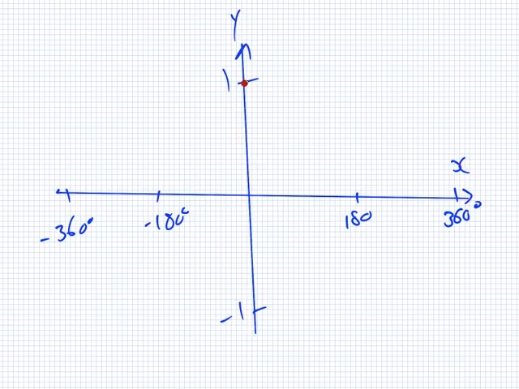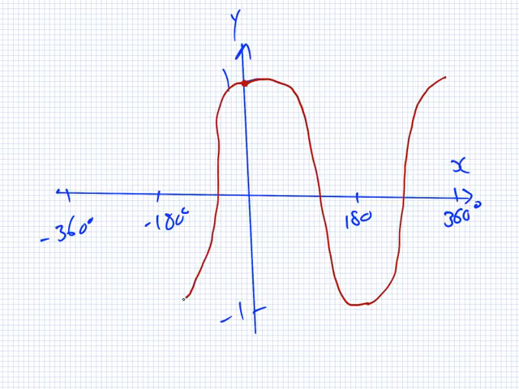Cos starts at 1, goes down to -1, and then back up at 360. Down to -1, and then back up to 360. So this is what cos looks like.